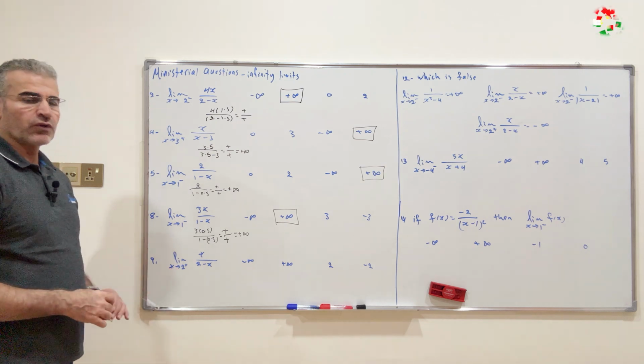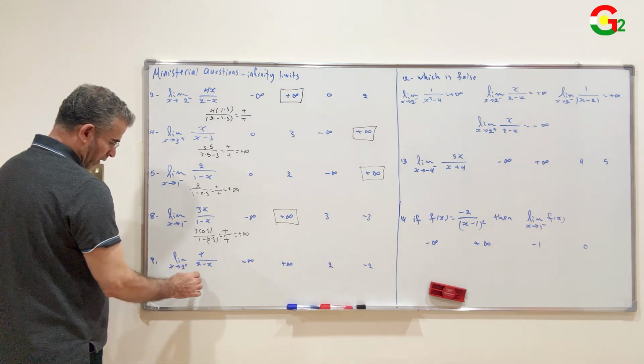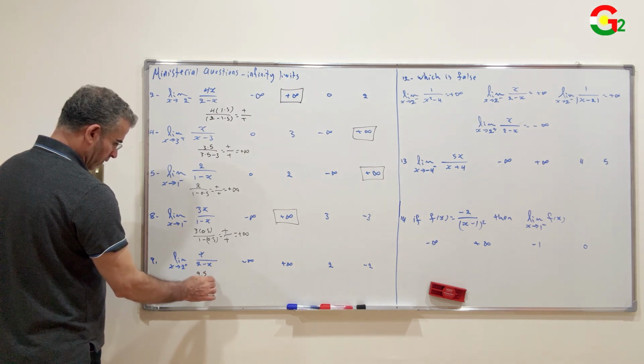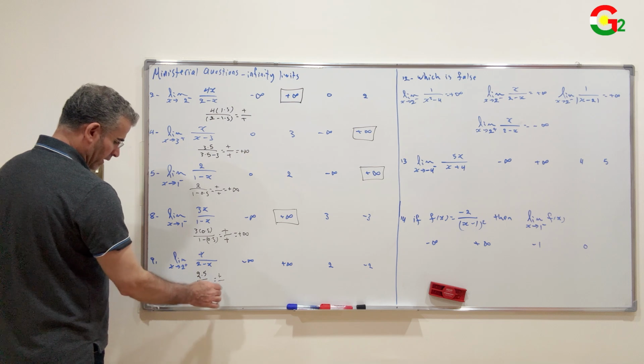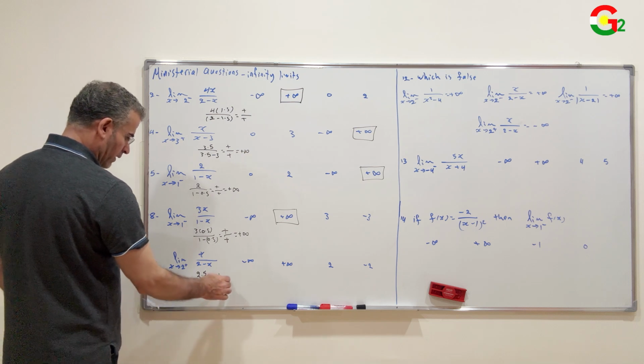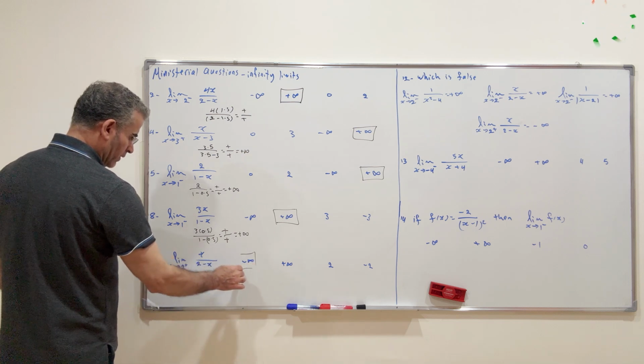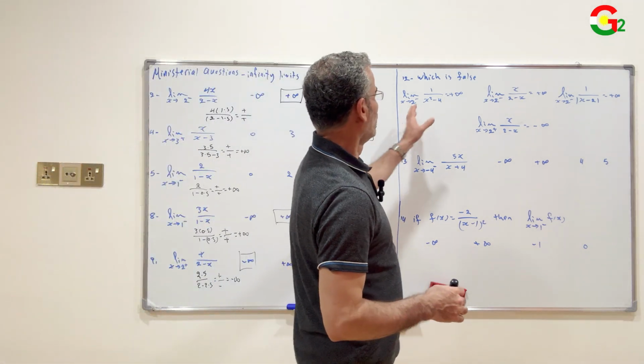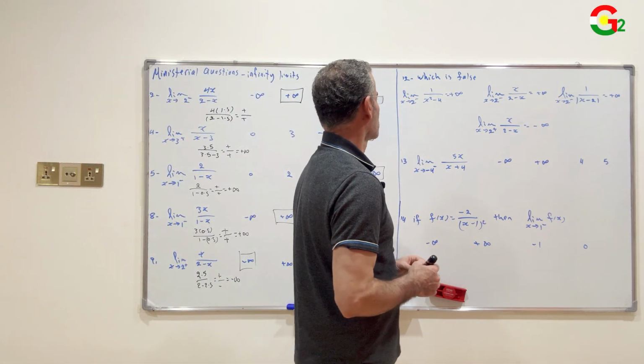X approaches 2 from right. Then substitute every x with 2.5. 2 minus 2.5 equals positive value over negative, so it equals negative infinity. Choice A.